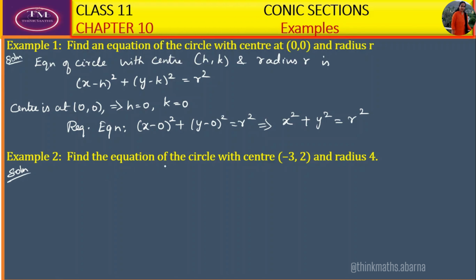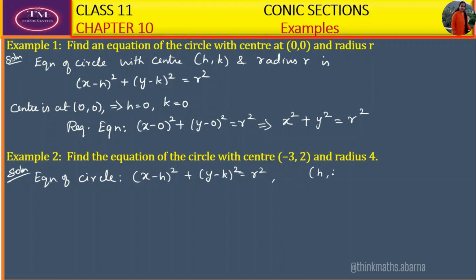Next one. Find the equation of the circle with center minus 3, 2 and radius 4. In the same way, the equation of the circle in general is x minus h the whole square plus y minus k the whole square equal to r square.